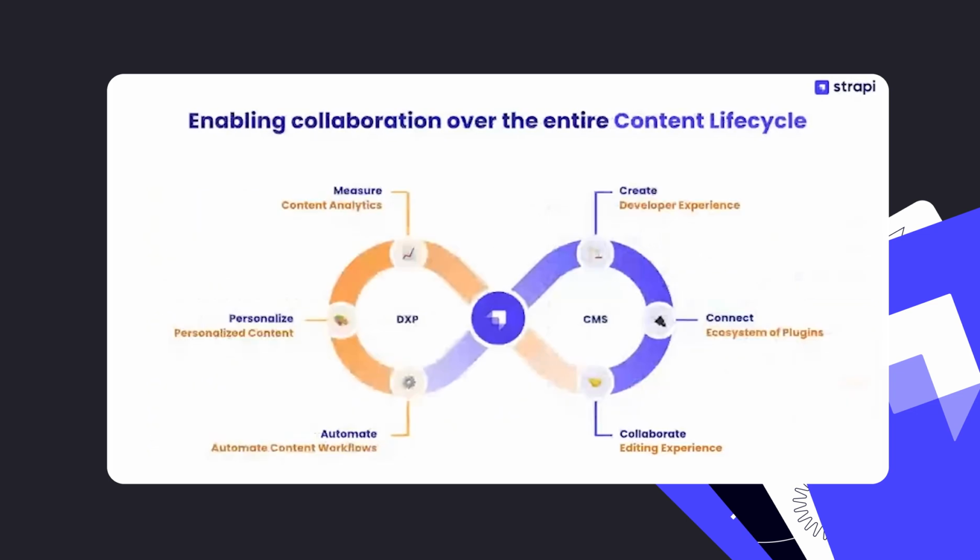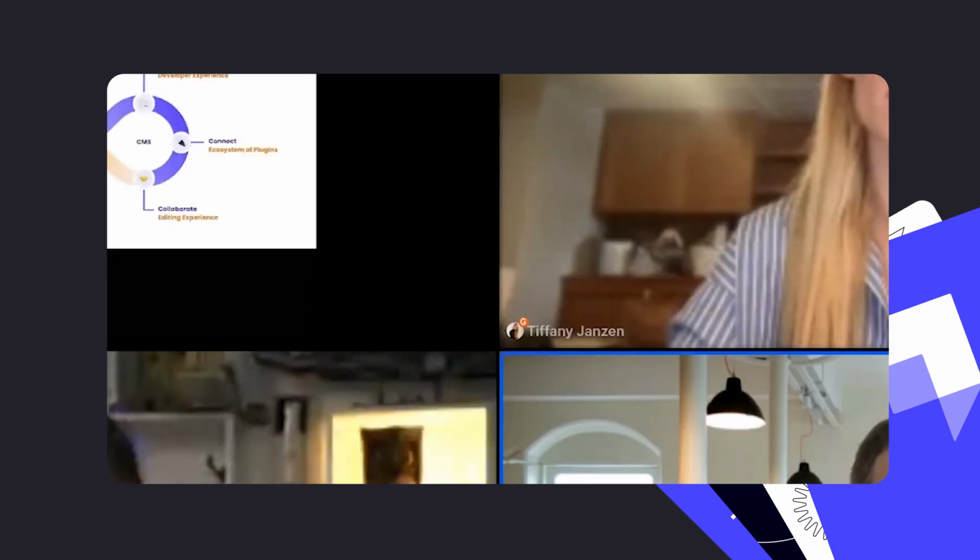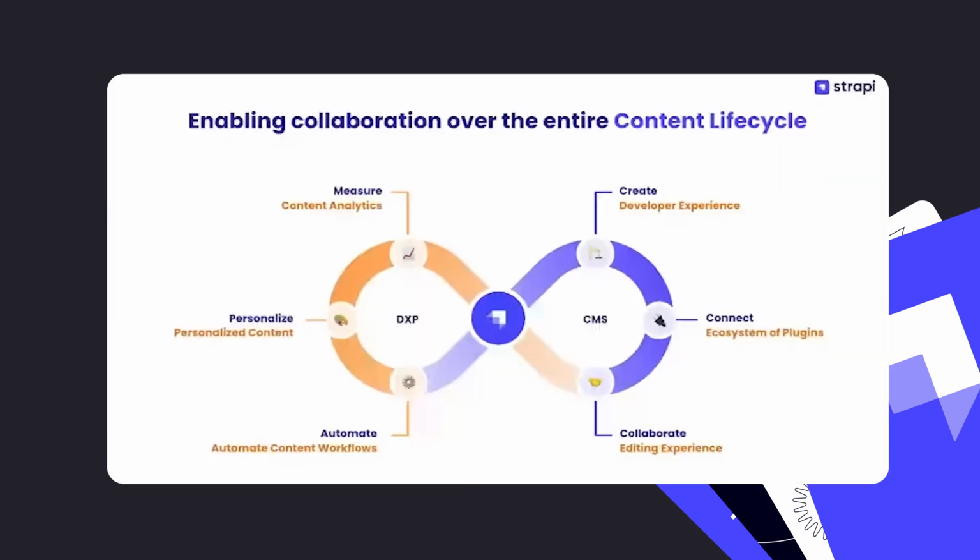So when Strapi initially started, we were very much focused on the developer experience and making sure we can help the process of creating your API endpoints directly from a nice intuitive UI. And then we added a number of features and rebuilt with Strapi v4 the plugin API and introduced a new design system that allows anyone to essentially extend Strapi through plugins.